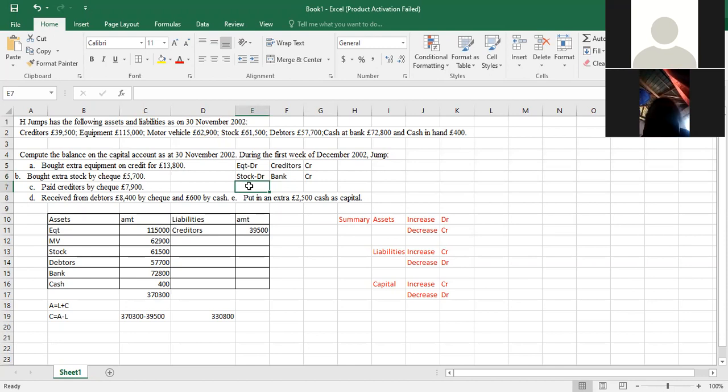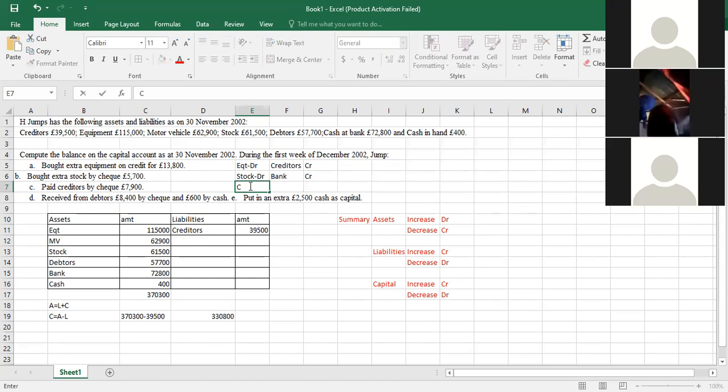Who will tell us what is happening? I've been talking all along. Who will tell us what is happening? When we pay creditors by check, the creditors account will decrease.